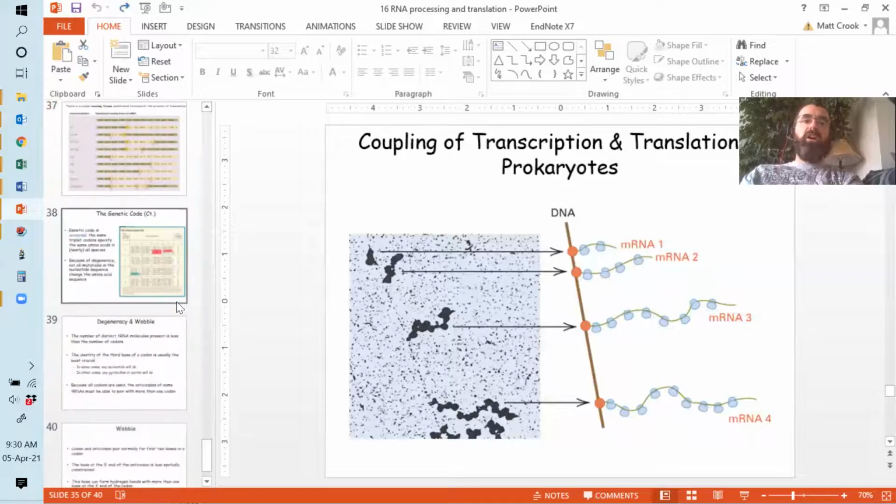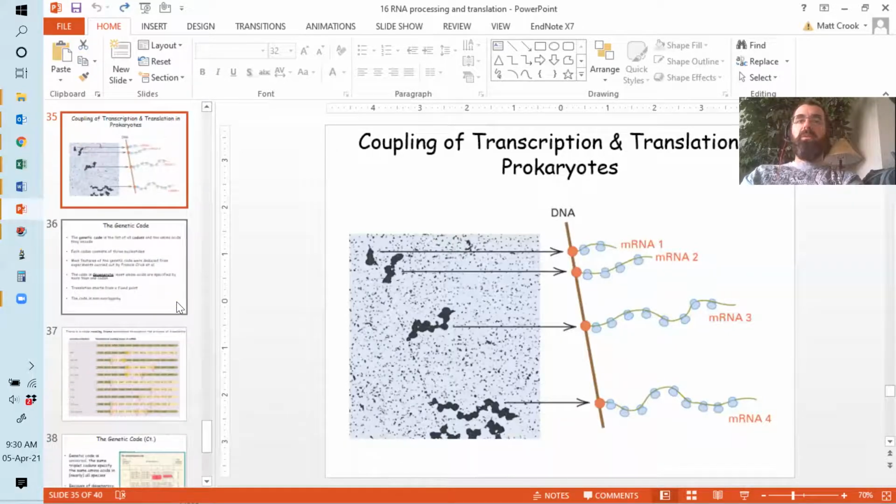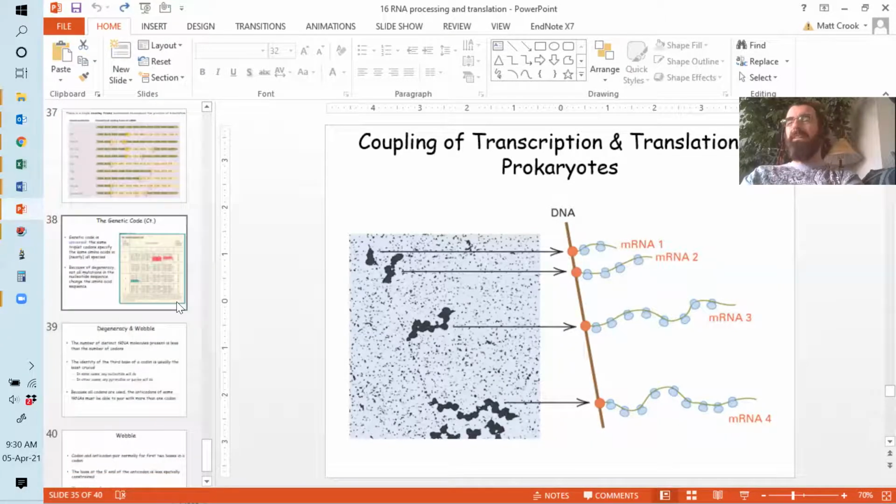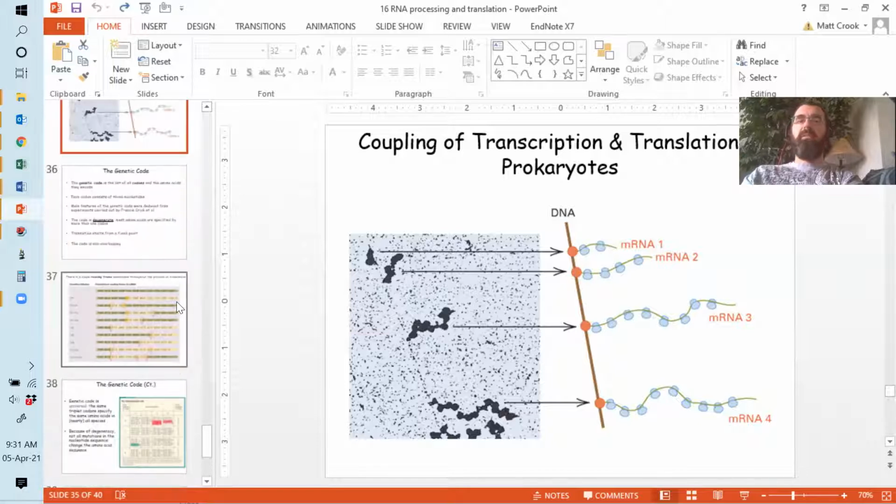And so just to finish up, essentially what I want to do now is talk a little bit about the genetic code and the consequences of mutations, and also one of the mechanisms that we have to guard against that.